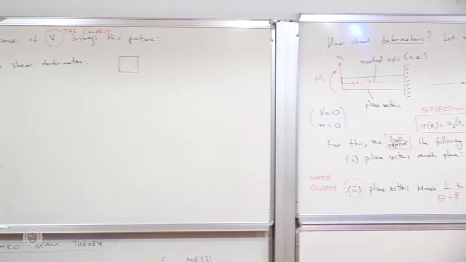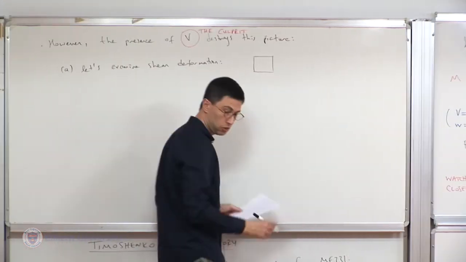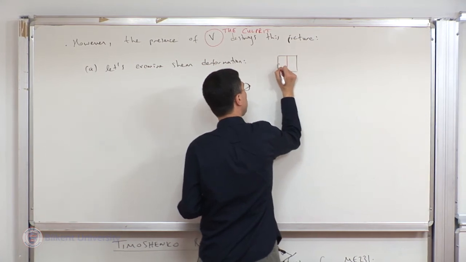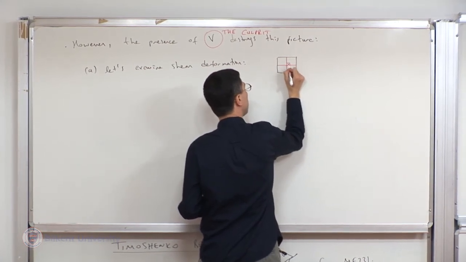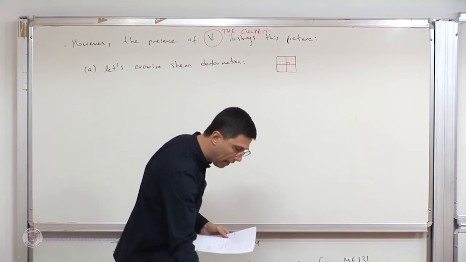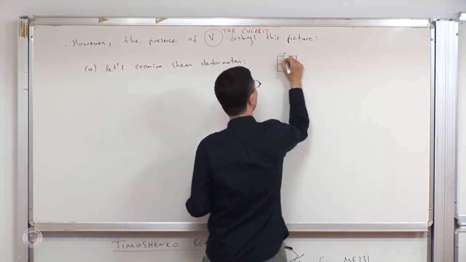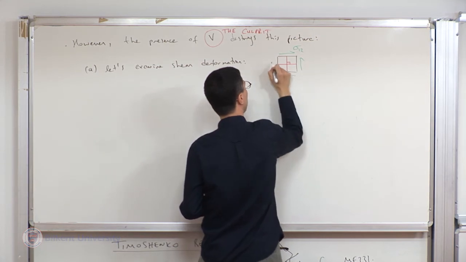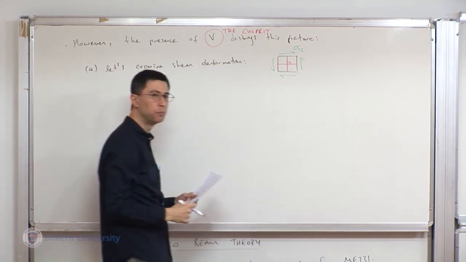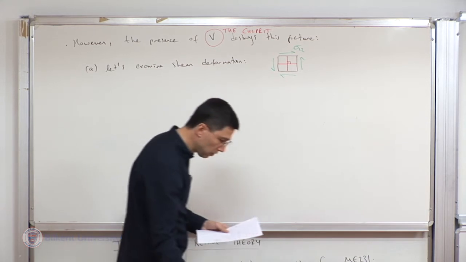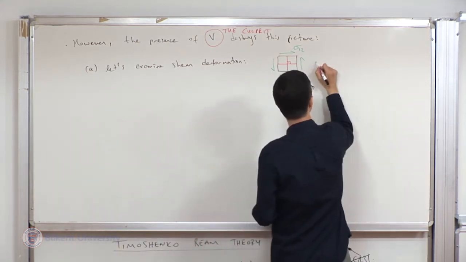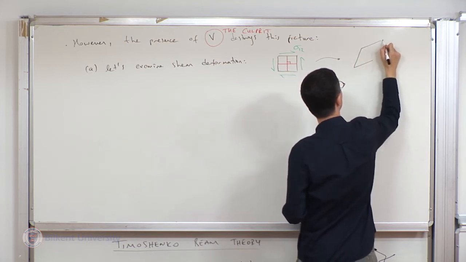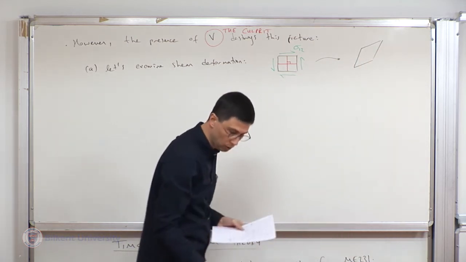But if you like, it's just a square of finite size. I will draw two lines that are initially perpendicular to each other. And I am going to impose a shear force. So I'm in 2D. So this is the positive sigma 1, 2. And I know that after deformation, the square is not going to be a square anymore. It's going to look like this.